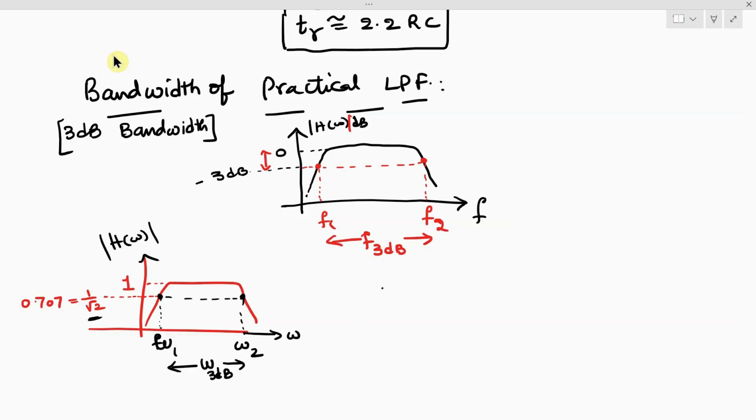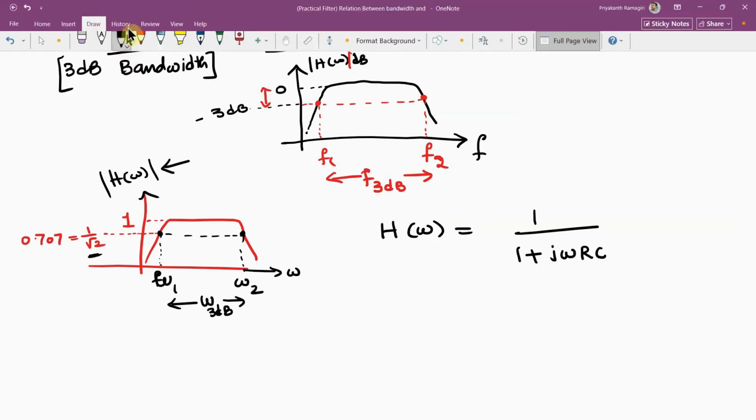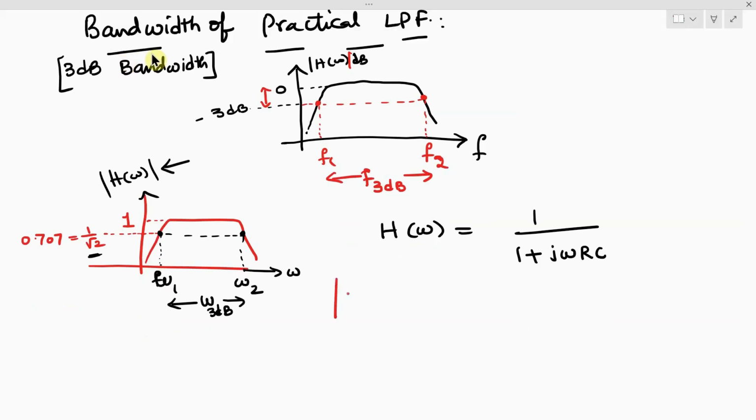Yes, sir. Now please tell me what is H of omega you have got. Is this correct, which I wrote here? Yes, sir. Okay. Now, since we need to find the magnitude, what should I do? I need to apply the modulus for H of omega.